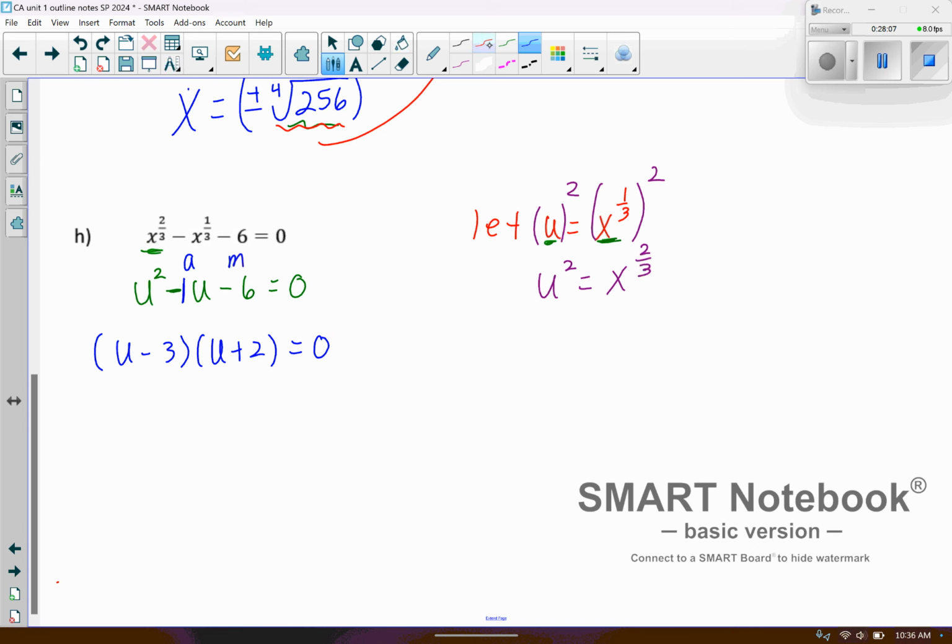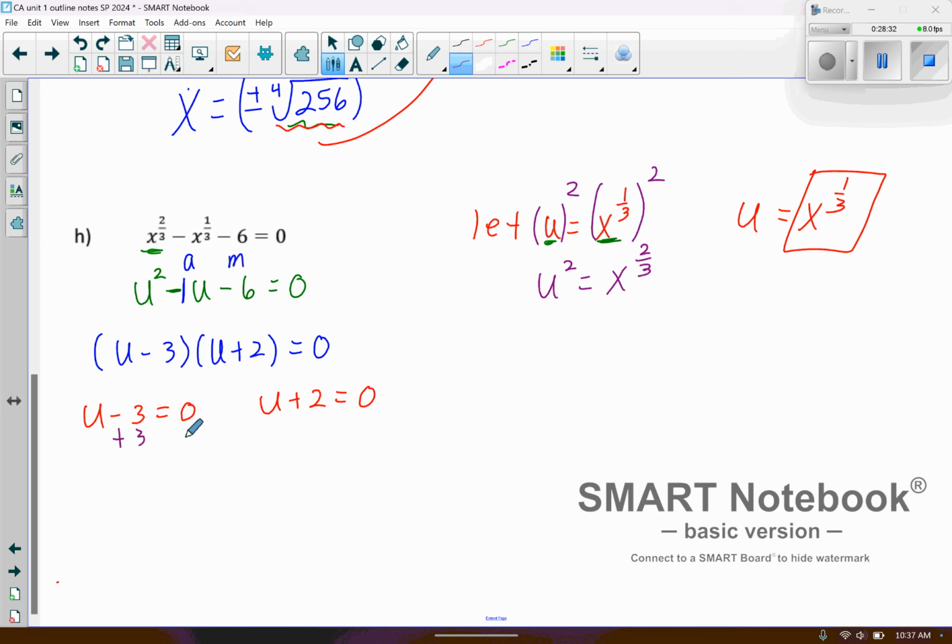And then you can do it now or you can do it after the next step. What we need to do is go back and be like, oh, well, yeah, u is equal to x to the 1/3, and so we need to put that back in there. You can do it now, or we can go ahead and finish this like you normally would by factoring. You would take each factor and set it equal to 0 and solve.